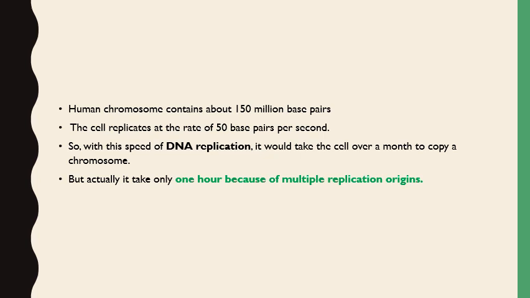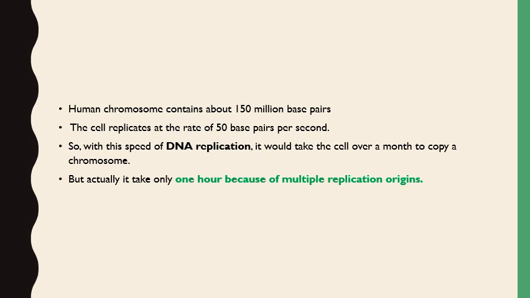Since cells are working all the time, a cell replicates almost at the rate of 50 base pairs per second. So if the cell continues with this speed, it would take almost a month to copy a chromosome. So it's a very huge time.